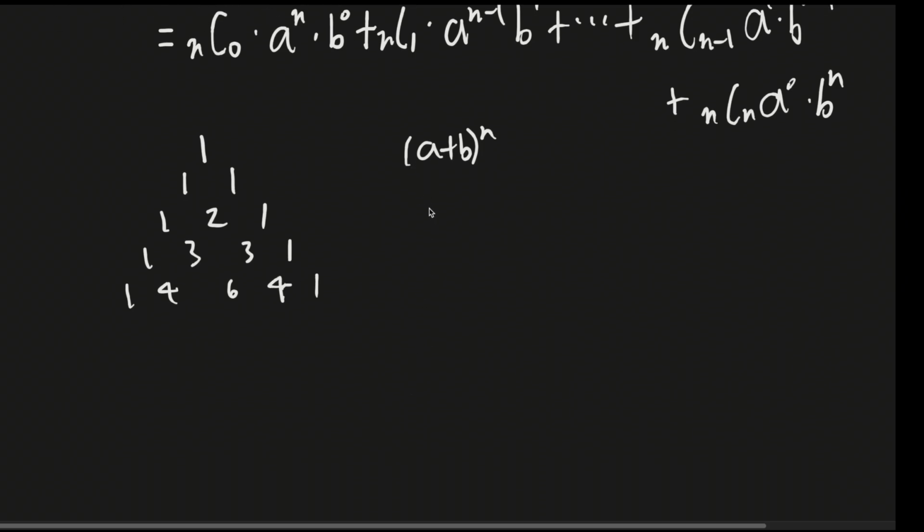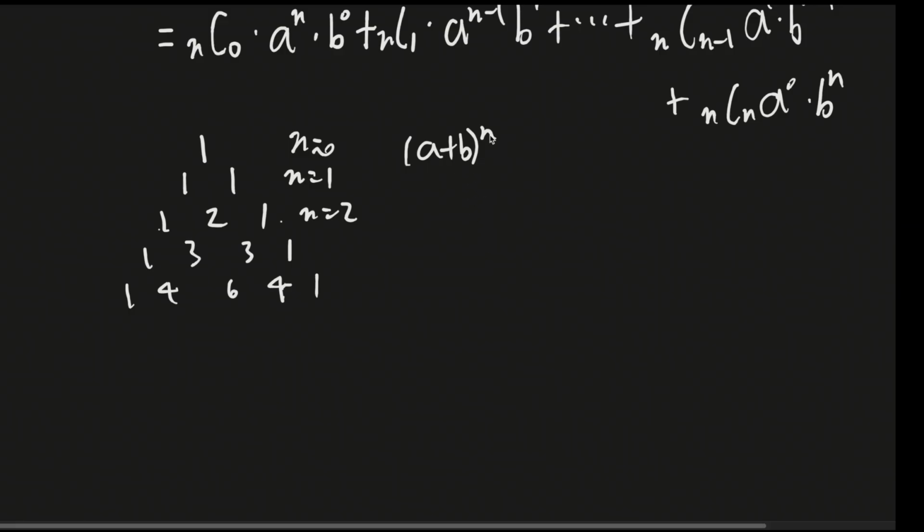So this is at n equals 0, n equals 1 here, n equals 2, and these are the coefficients of the terms formed with a and b.